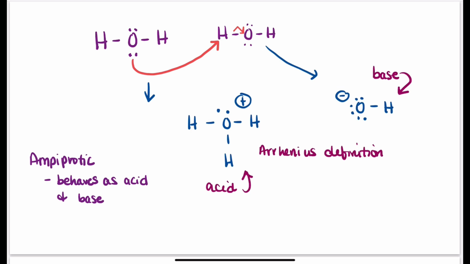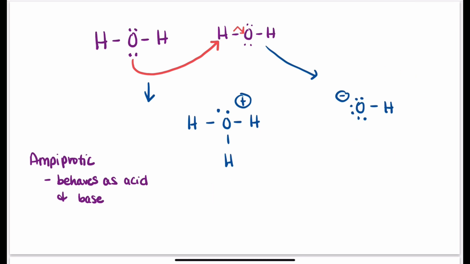So I'm following the most basic definition of acid and base, which is the Arrhenius definition. But I'm also following the other rules. A Bronsted-Lowry definition states that an acid is a proton donor.